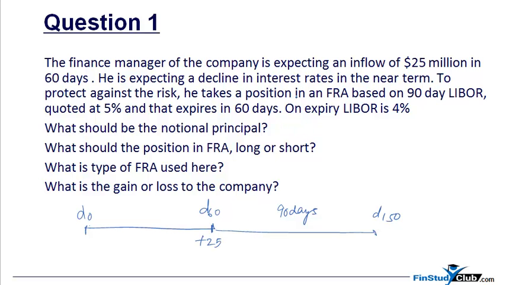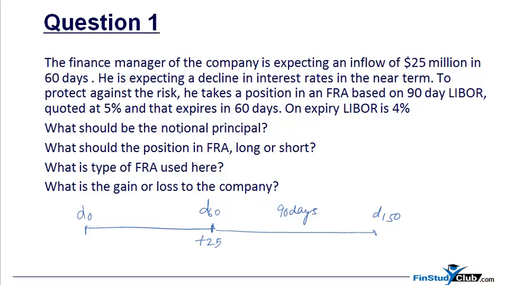Now this is an FRA which expires in 60 days. It means that the underlying loan would kick in 60 days from now. So this is precisely the point when the underlying loan kicks in, and this loan is based on 90-day LIBOR. So they're talking about a 90-day LIBOR. So clearly the FRA serves the purpose.